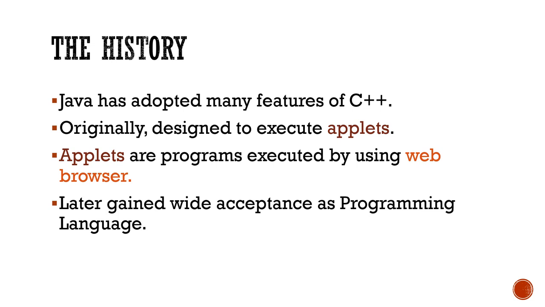They basically developed Java to run some programs in web browsers, and that is the reason they developed this new language. Applets are nothing but programs executed using a web browser. A web browser also runs some programs, right? So an applet is a program which is executed only through web browsers.